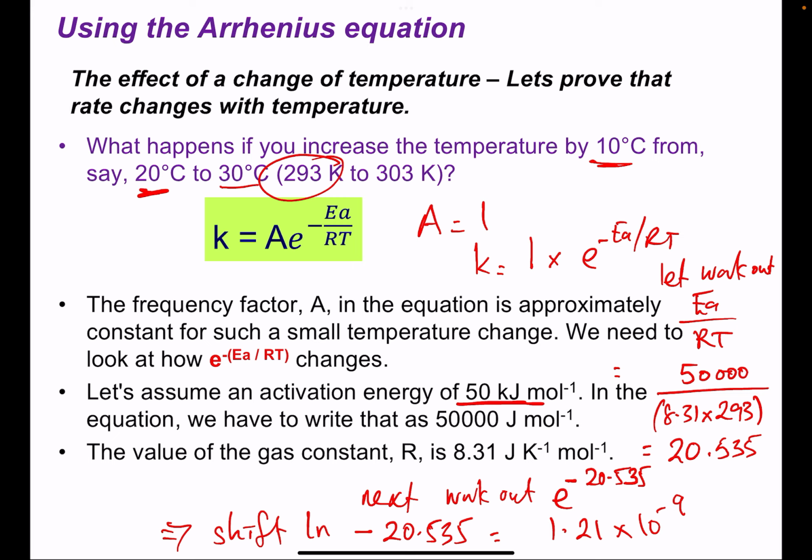That's k per second. That's the simple calculation.